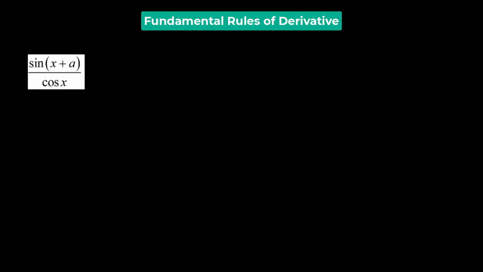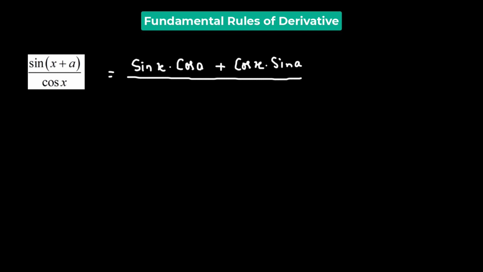So here we have the function sine of x plus a, divided by cosine of x. Let us first expand sine of x plus a. That will be sine of x times cosine of a plus cosine of x times sine of a, the whole divided by cosine of x. Now we're going to separate the numerator.